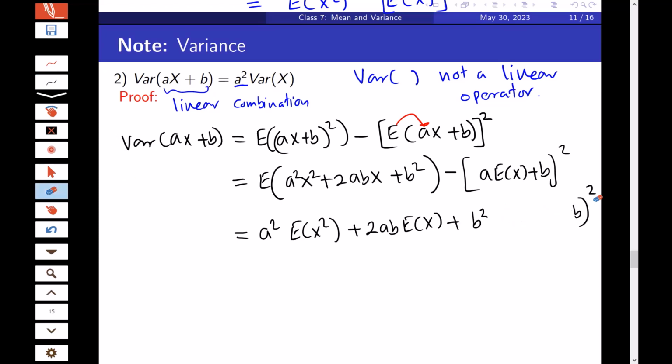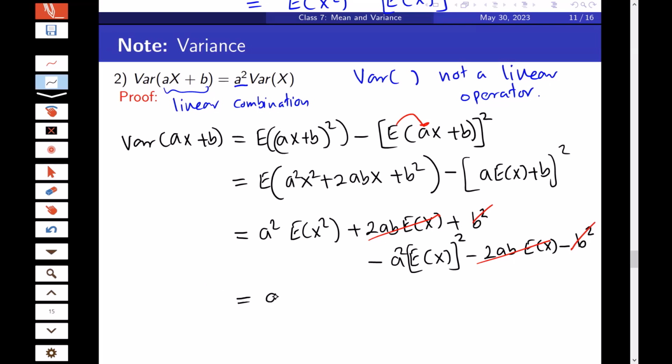Okay, so let's expand this one as well. Minus a squared (E of x) everything squared, minus 2ab E of x, minus b squared. Now let's cancel the like terms. Here 2abE of x cancels, b squared cancels. So the only remaining things are a squared E of x squared minus a squared (E of x) everything squared.